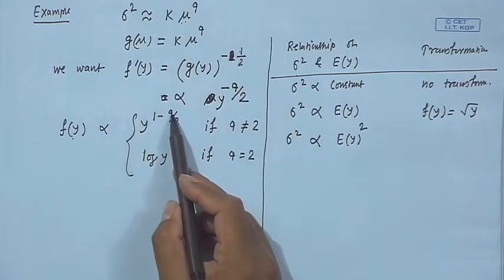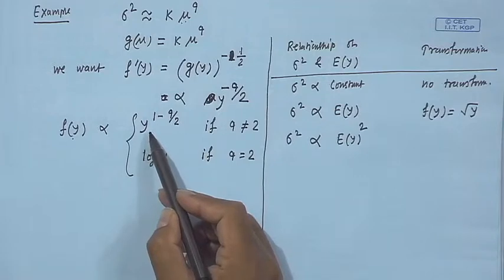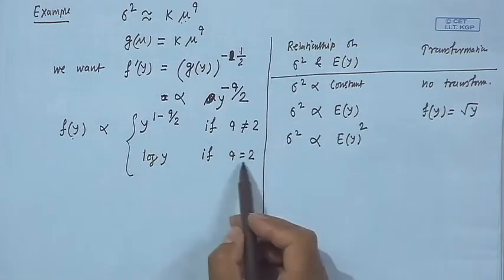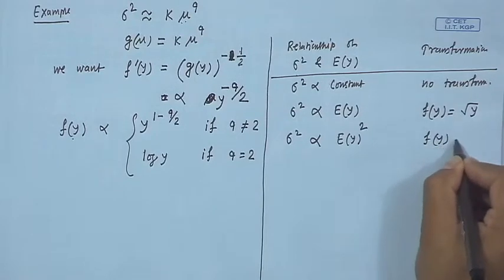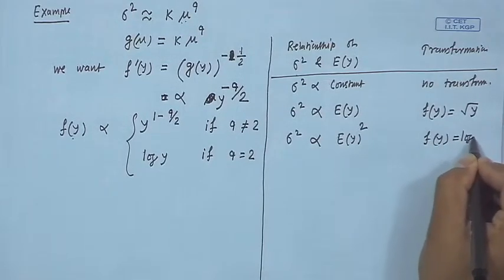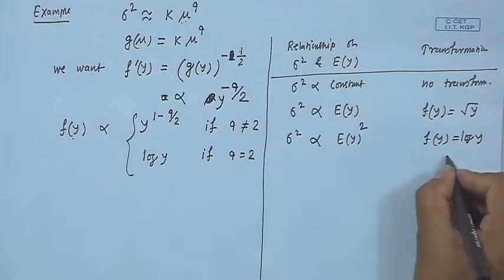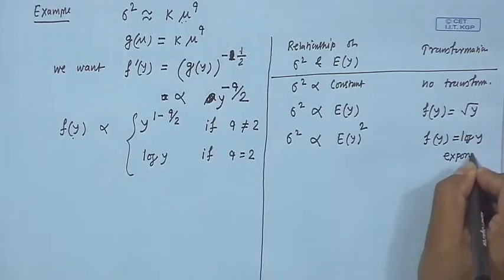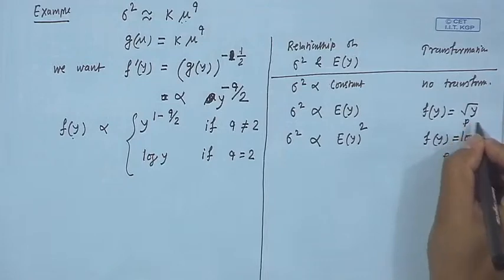So, you put q equal to 2, and then f(y) is equal to log y. This is the case when y follows the exponential distribution. This is the case of y following the Poisson distribution.